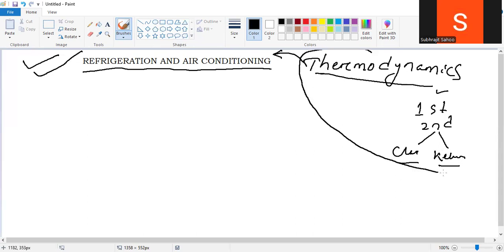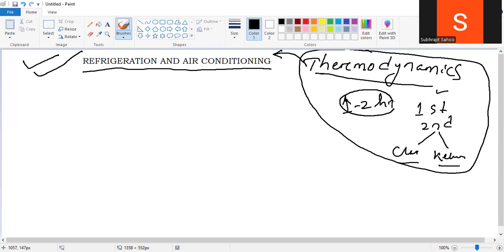If you are very weak here, then I recommend you go and revise first. It will only take 1 to 2 hours maximum to revise all these basic things of thermodynamics that I just told.